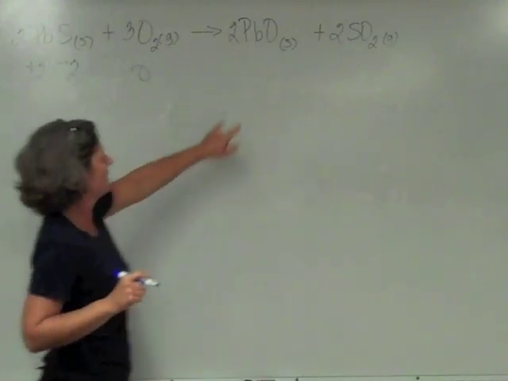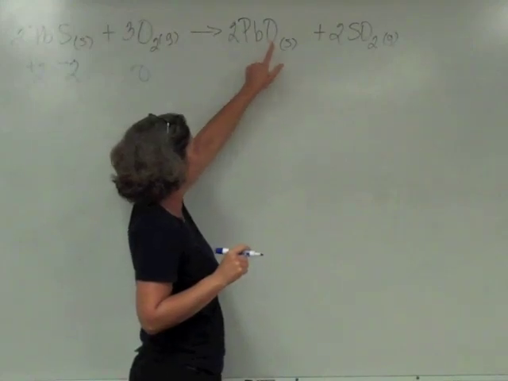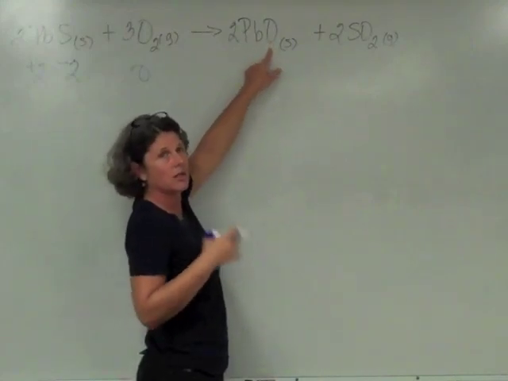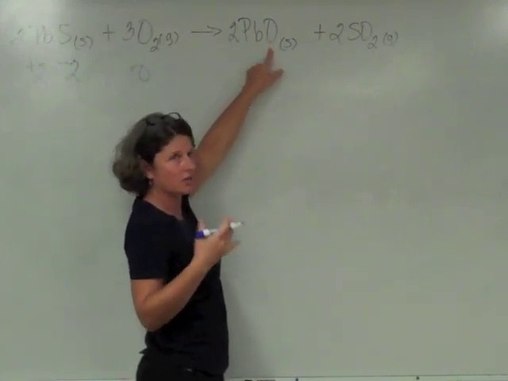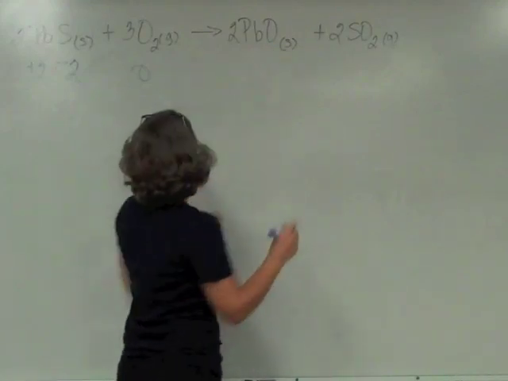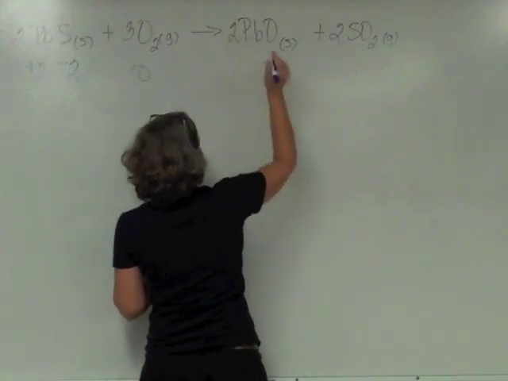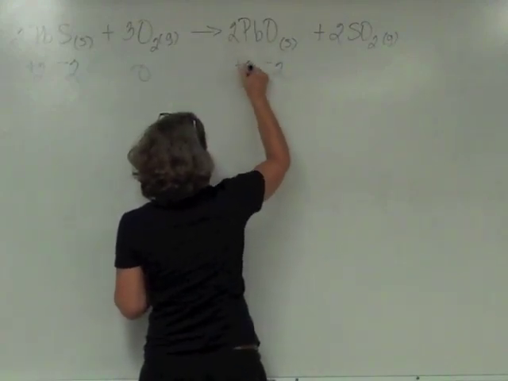And again, we've got an ionic compound, so each of these monatomic elements has an oxidation number the same as its ionic charge. So oxygen's got a -2 and lead a +2.